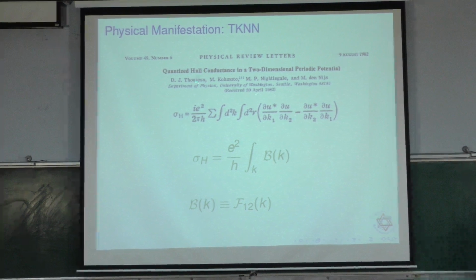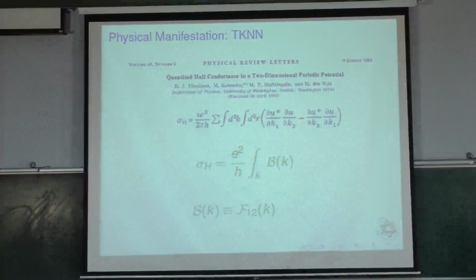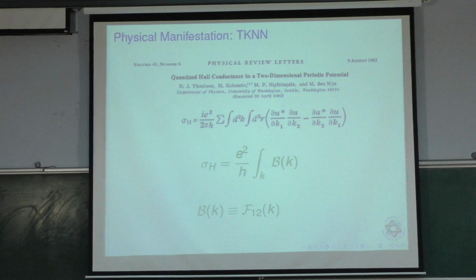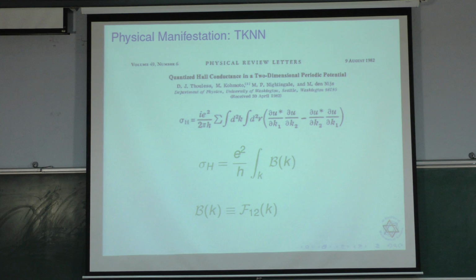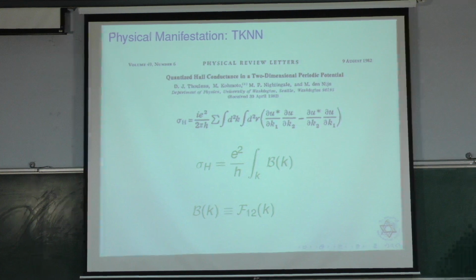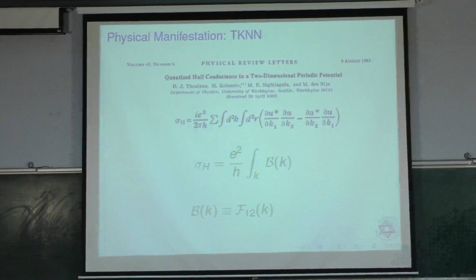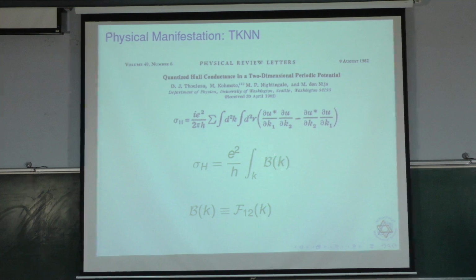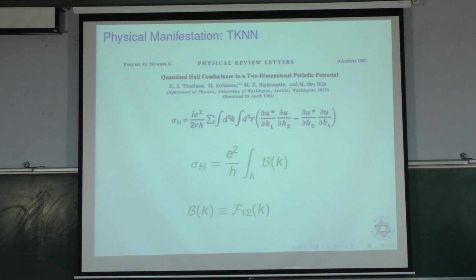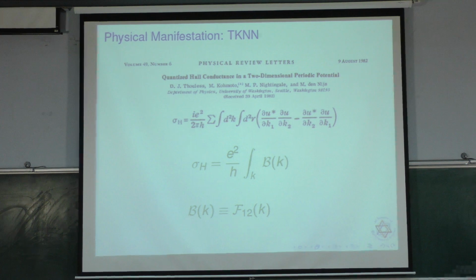And in this paper, which was one of the reasons why Thouless got the Nobel Prize this time, they identified the Hall conductivity with this topological invariant. And that is what actually started off the whole huge activity in condensed matter. The Hall conductivity is a very easily measured quantity.